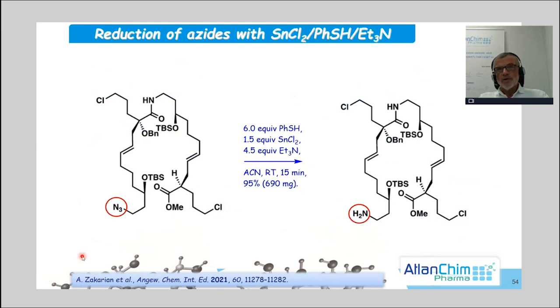In the total synthesis of a complex cyclic natural product, this highly functionalized azido intermediate was reduced by the Villarasas procedure to give the corresponding amino derivative here in excellent yield, as you can see.